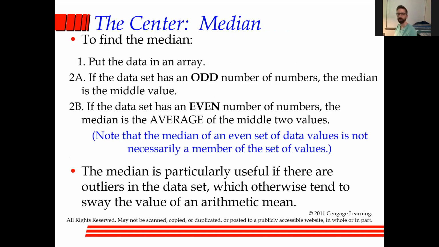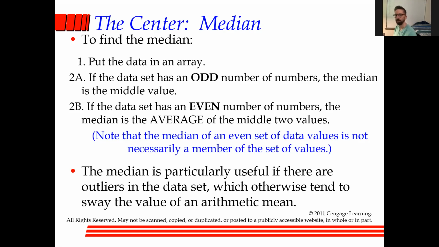If you have an odd number of values in your data set, then the median is the one in the middle. How do you find the one in the middle? Well, it's not so hard to do if you have a small data set, but what if you have a larger data set? What if you have 1,021 numbers in your data set? What position is the one in the middle? So how do you find it?